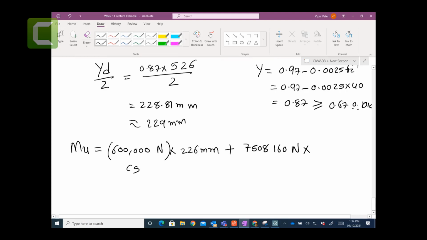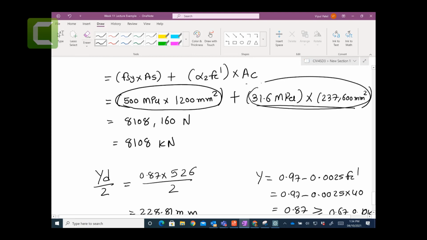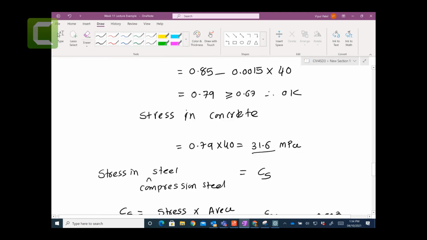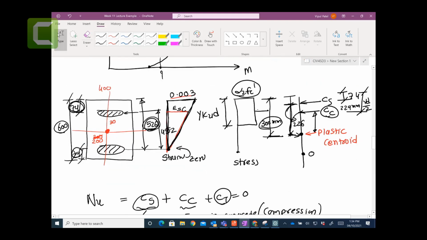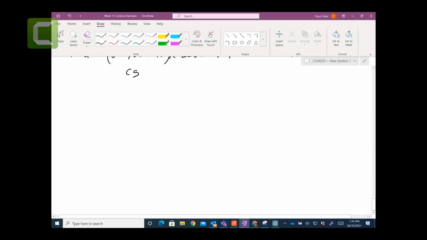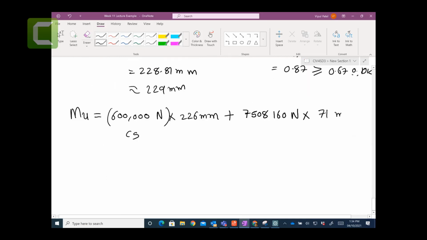That is your CC. By the way, it is just multiplying 31.5 times 237,600. And the distance from CC, because this distance we know is 229, and if I want to find this distance, I know this is 300. 300 take away 229, you get 71 millimeters.